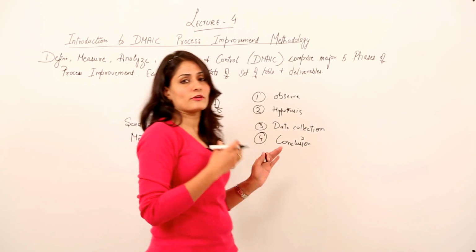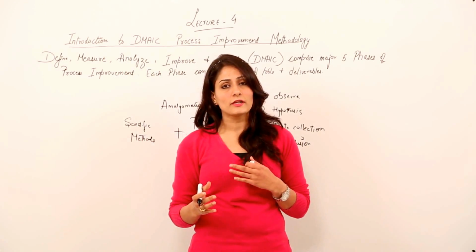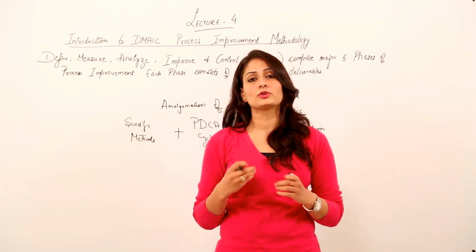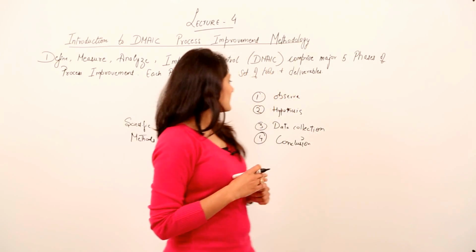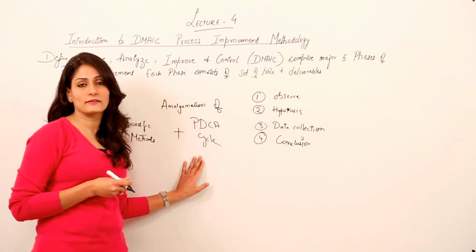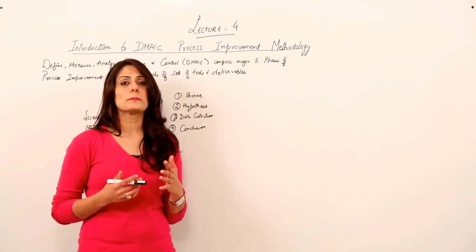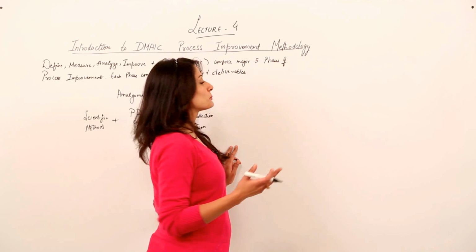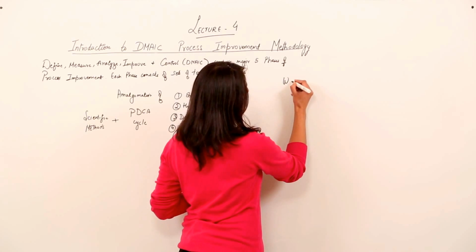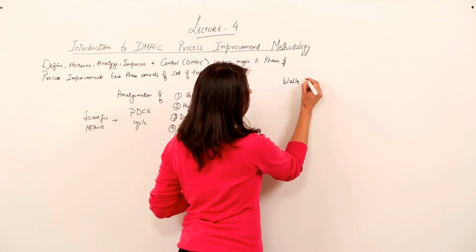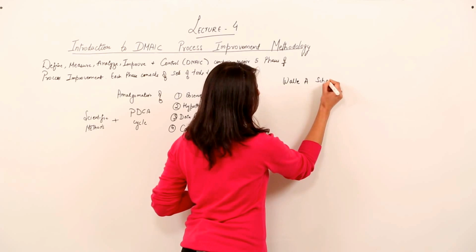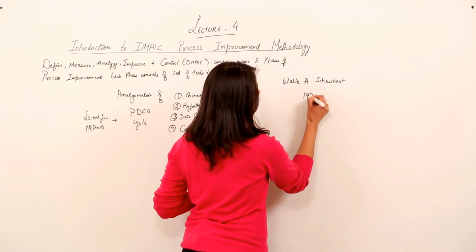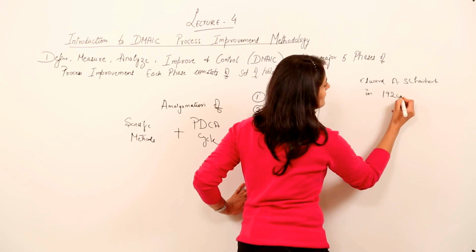Six Sigma is also like this, but it's a little complicated because it uses core statistics and it has really complicated tools and techniques. And then comes the PDCA cycle. Now what is a PDCA cycle? The PDCA cycle was developed by Walter A. Shewhart in the 1920s.